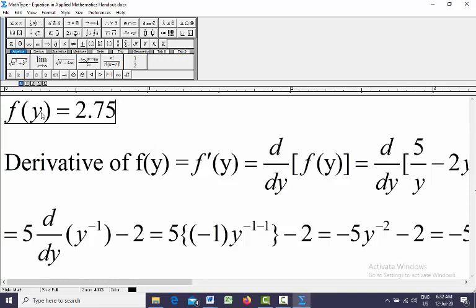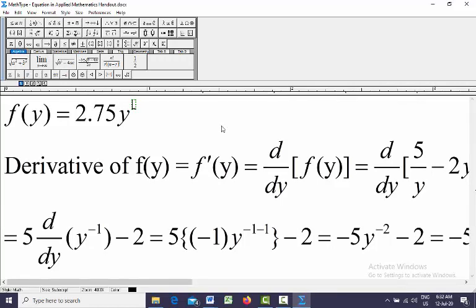Here the variable is y. So suppose we have a problem like this, and we need to do differentiation of this function.